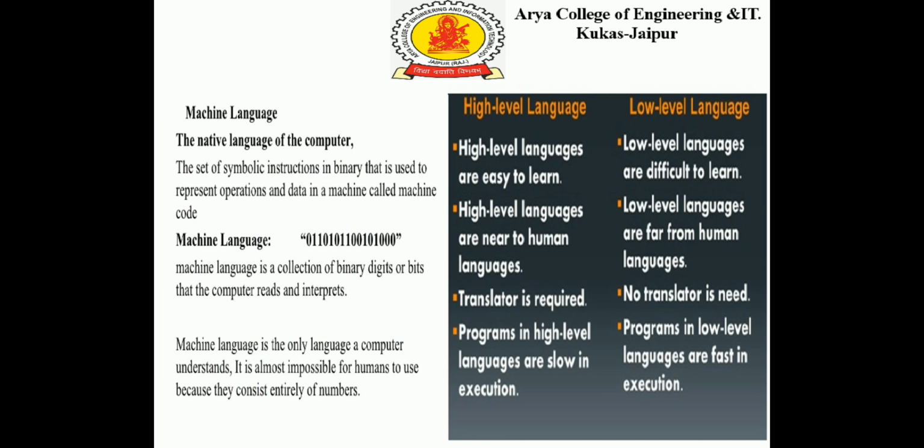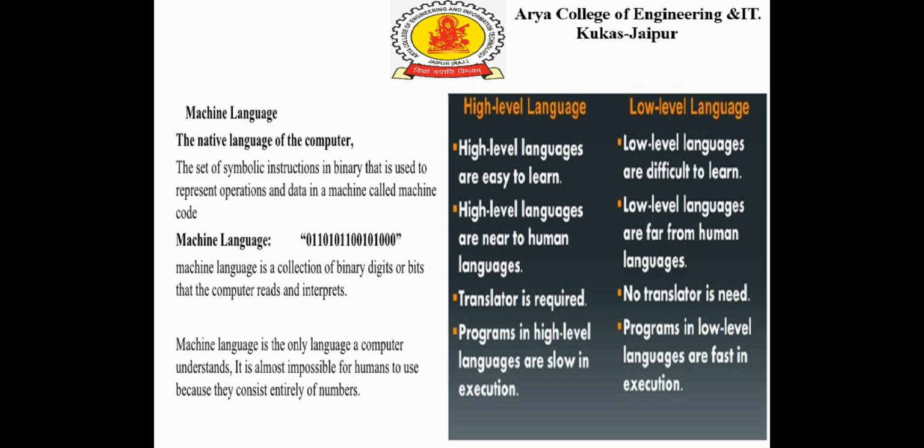Next are the languages. Machine language is the language nearest to the machine, in the form of 0s and 1s. Whereas high level language is entirely an English type of language, and low level language is again an English type language statement. Comparing high and low level languages: high level languages are easy to learn, whereas low level languages are difficult to learn.